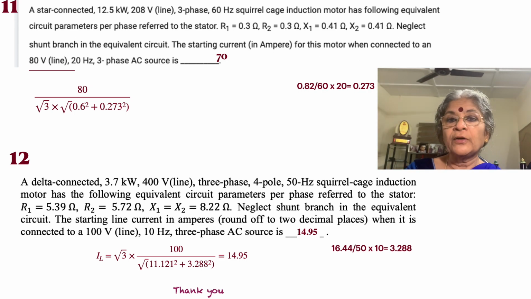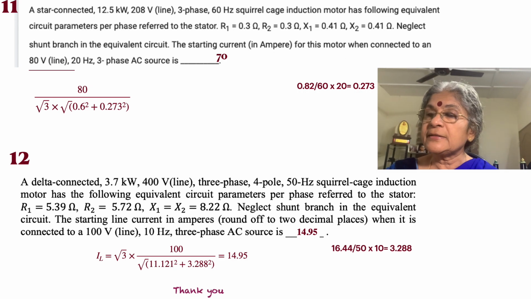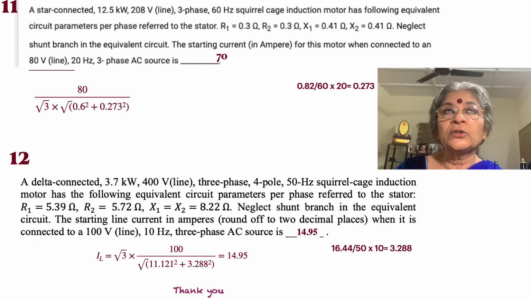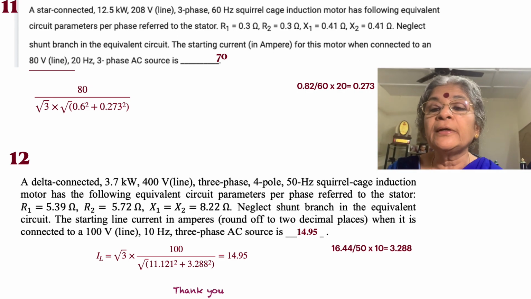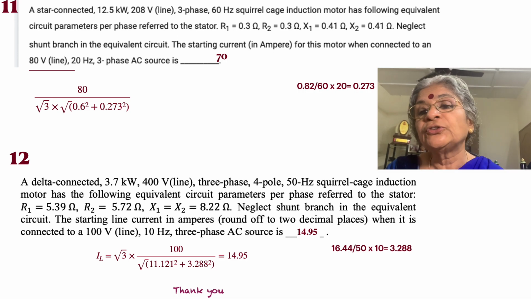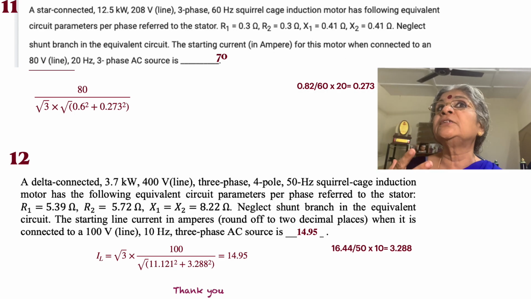The rotor resistance referred to the stator, R2, is 0.3 ohms. X1 on the stator side is 0.41, and the leakage reactance X2 referred to the stator is also 0.41. Neglect the shunt branch. As usual, the shunt branch has a large reactance, so it will take very little current and is normally not taken into consideration.